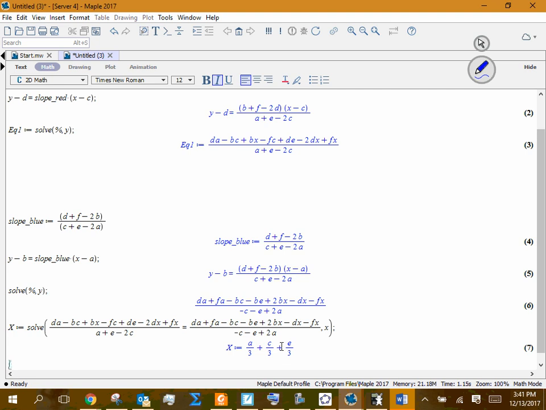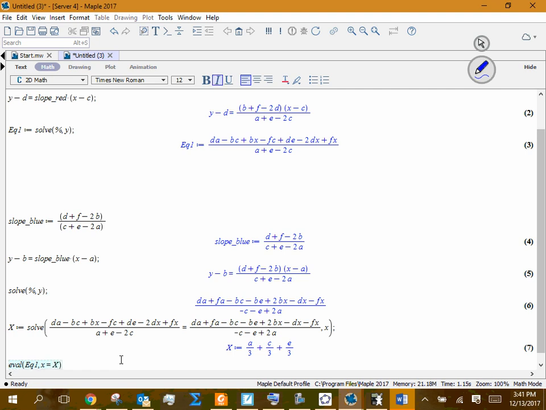Okay, so now what I should be able to do is say we want to evaluate, which means simply take this amount and come back up into this equation up here, and everywhere I see X, put in A over 3 plus C over 3 plus E over 3. So I'm going to say evaluate equation 1, where X is equal to the X coordinate from my centroid.